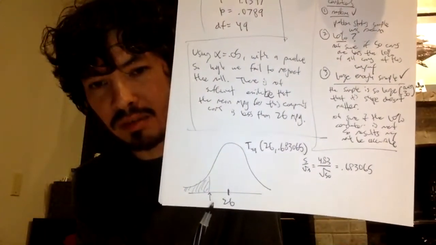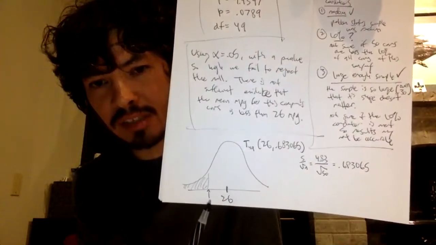What is that t-score, the z-score? How many standard deviations below the mean is that? So we're going to get a t-score now, not a z-score. Same thing though, how many standard deviations from the mean. So it's the value, 25.02, minus the mean, 26, divided by the standard deviation, 0.683065.